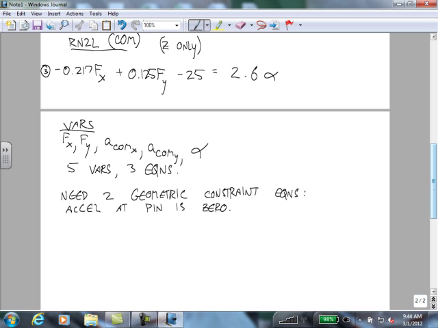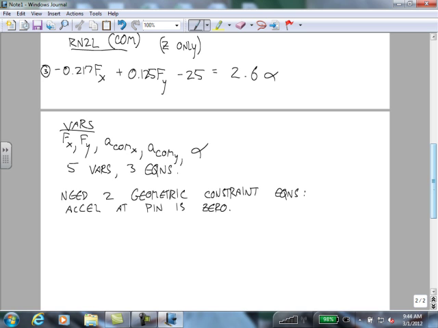Okay, so how are we going to represent that? Basically, what do we need from these constraint equations? We need 2 more equations without introducing any more variables, or 4 equations and 2 more variables. Somehow we have to get 2 equations ahead of the variables from where we are right now.